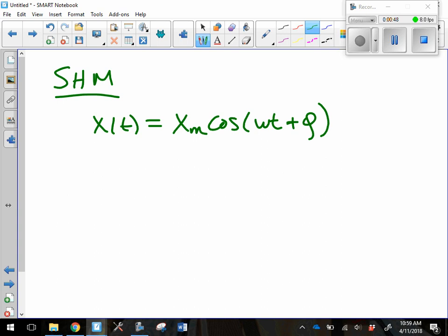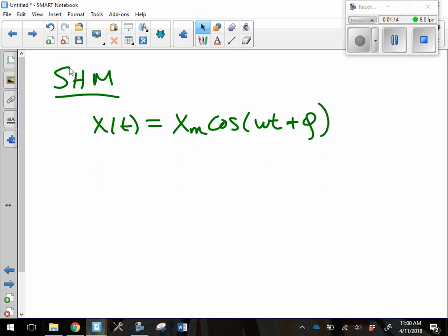Omega is the angular frequency, which relates to the regular frequency f and the period T. And then phi is the phase constant that basically shifts the cosine function depending on when we let t be equal to 0, which again we talked about the other day.